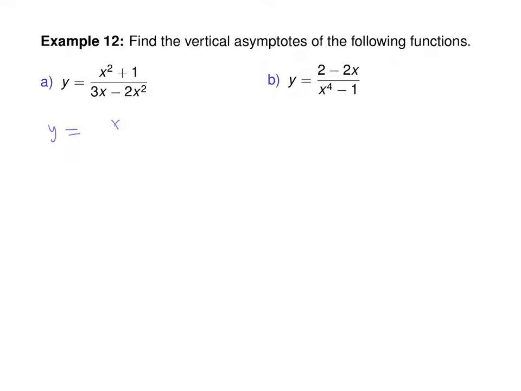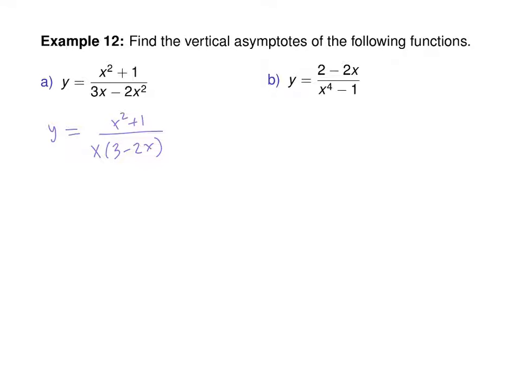So look at this function. Does x squared plus 1 factor? No. Nope. That's a prime polynomial. Can you factor 3x minus 2x squared? Yes. Take out an x: x times 3 minus 2x. So vertical asymptotes will occur where that denominator is 0.